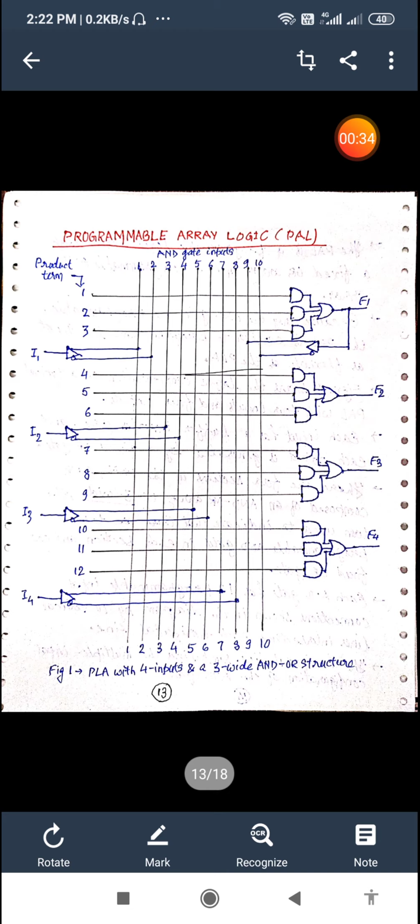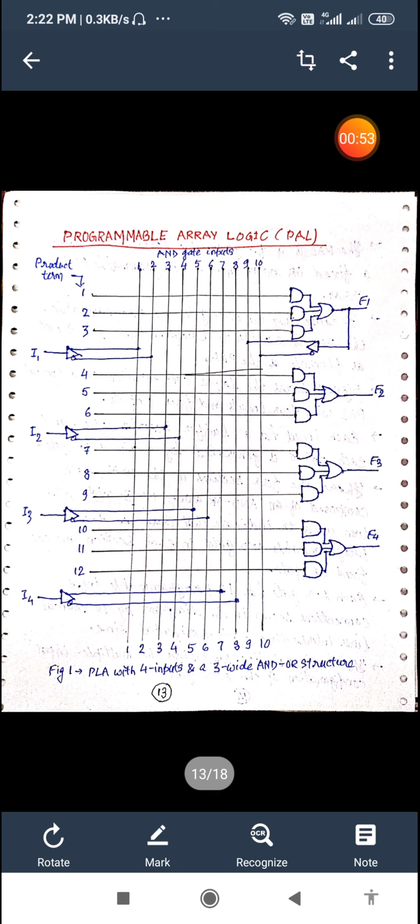Here we can say that in the PLA there are three gates: XOR, OR and AND. All three are programmable, whereas in the case of programmable array logic only the AND gates are programmable and nothing else.